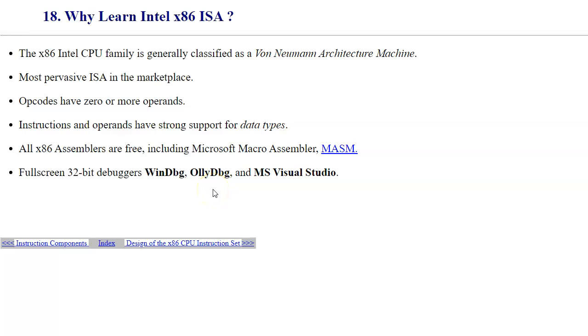In our course, we're going to study the Intel x86 instruction set architecture, and instruction set architecture, of course, means a combination of all instructions available on the specific platform.